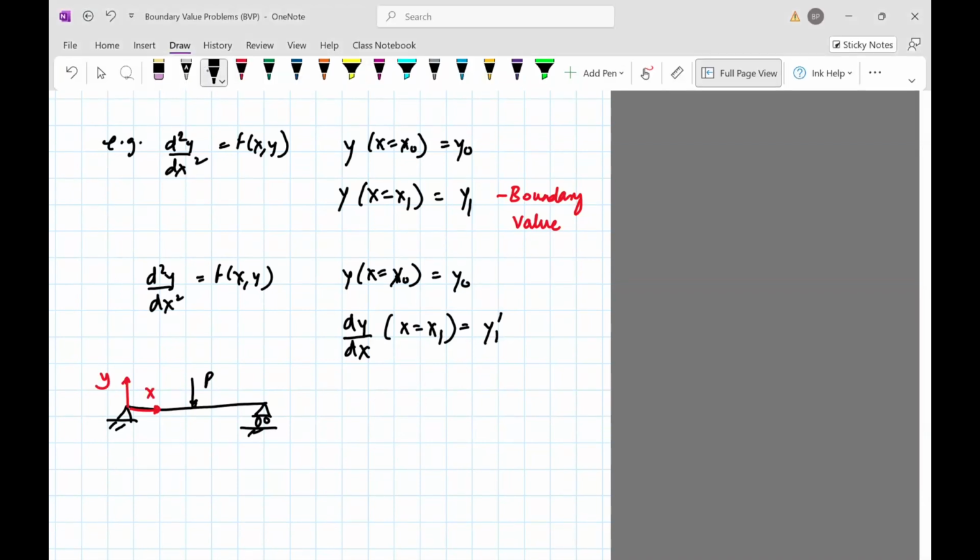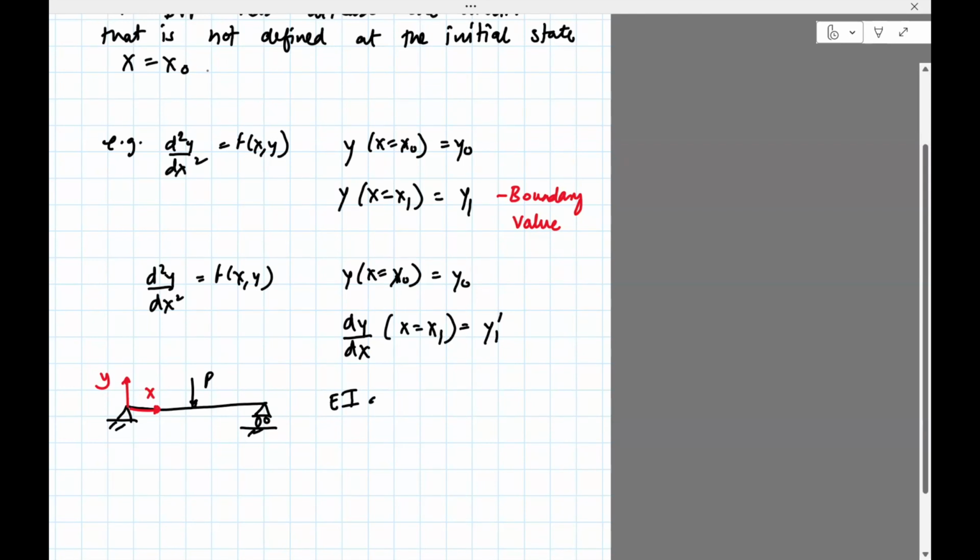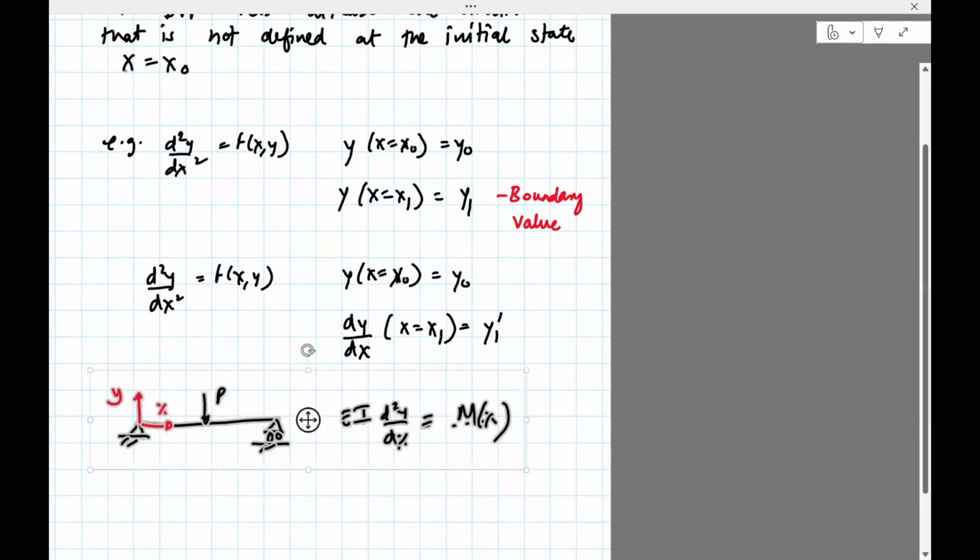Usually you will have a differential equation, EI d squared y by dx squared equals M of x, which you need to find. That's the governing equation of the beam. If you can find M of x by taking moments and so on, that's not the point. The point is, how do you solve this?